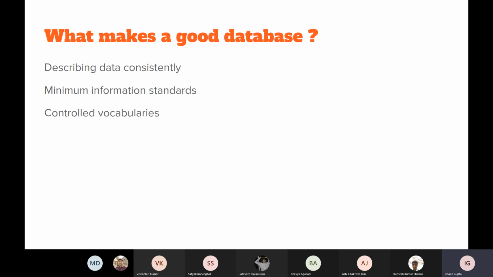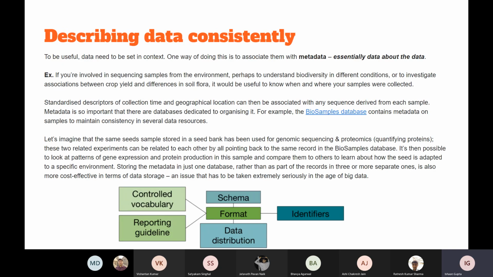Then in order to achieve this, a database should have controlled vocabularies. That essentially means that the same thing can be described in 50 different ways again, but you need to restrict the users to choose from a controlled set of vocabularies to describe a thing. So therefore, you can have a consistent description of data all around. Okay, so I'll now go into each one of these things separately.